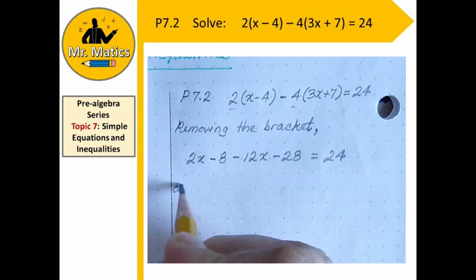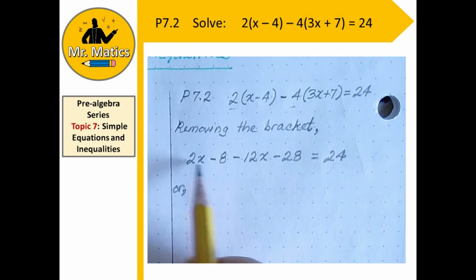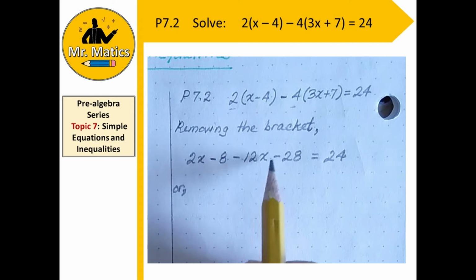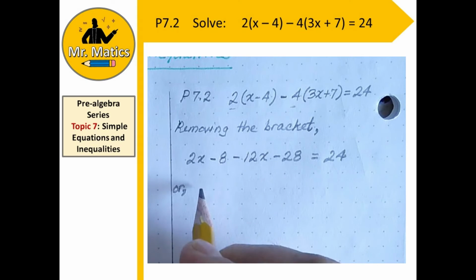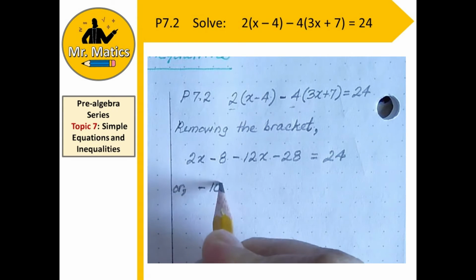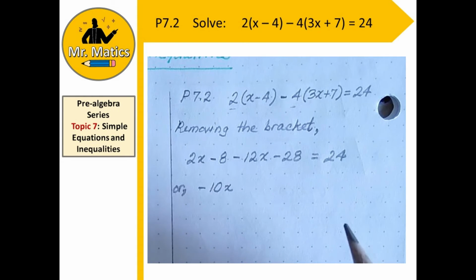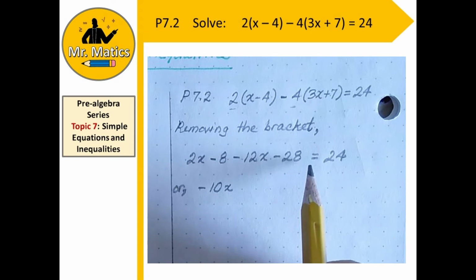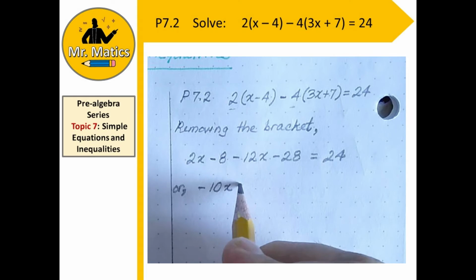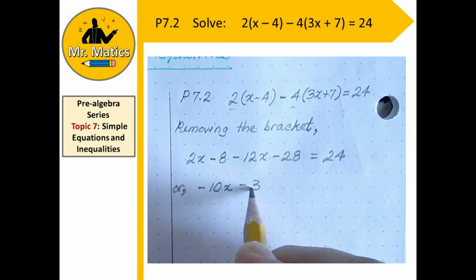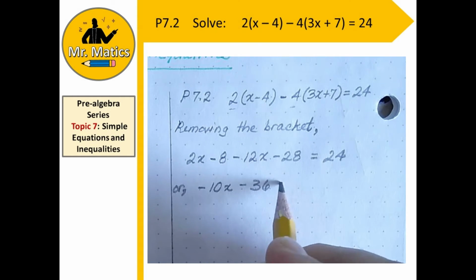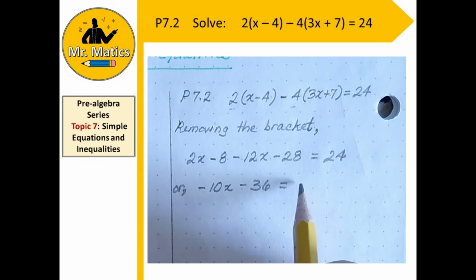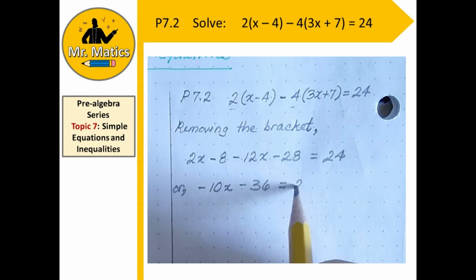Now let's collect the like terms. 2x and minus 12x becomes minus 10x, and minus 8 and minus 28 become minus 36 equals 24.